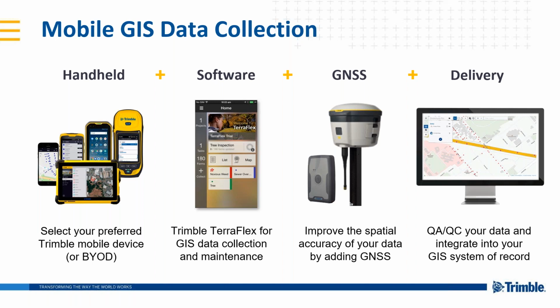The third is the addition of a high accuracy GNSS component if the accuracy that your device alone is achieving is not sufficient. And the fourth is the delivery mechanism for the data that you've collected in the field. That's the tool that you use to create the deliverables so that the data you've collected using the Trimble technology in the field can then be passed through to your chosen system of record.